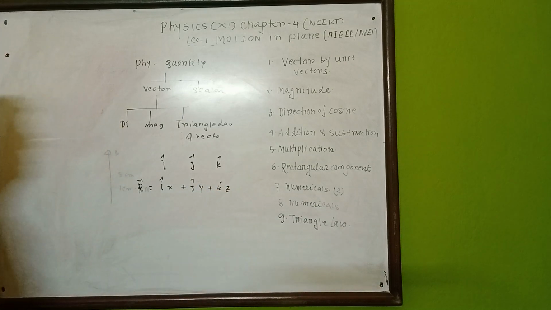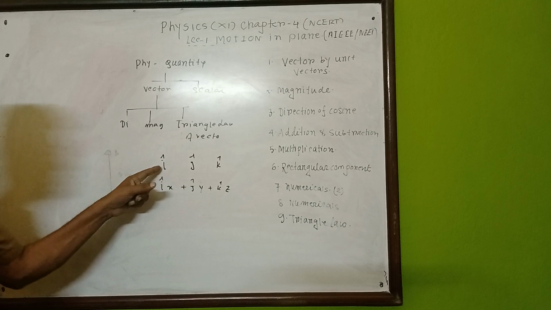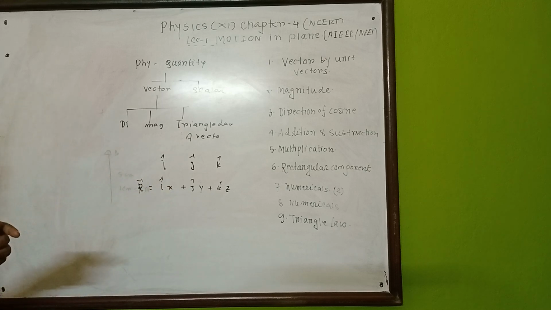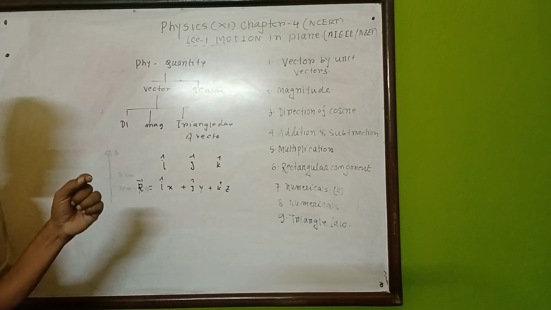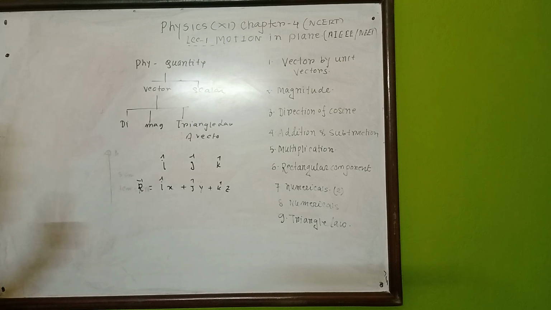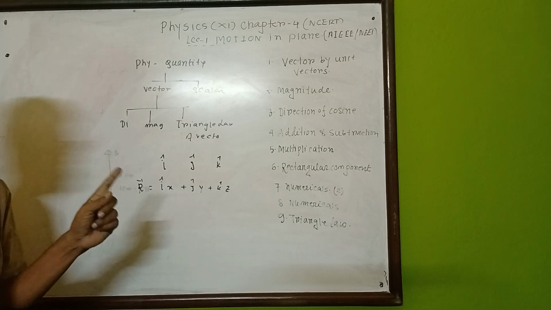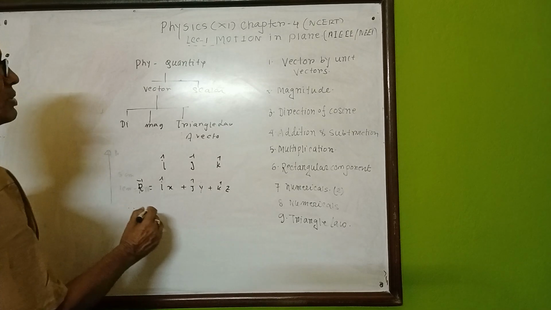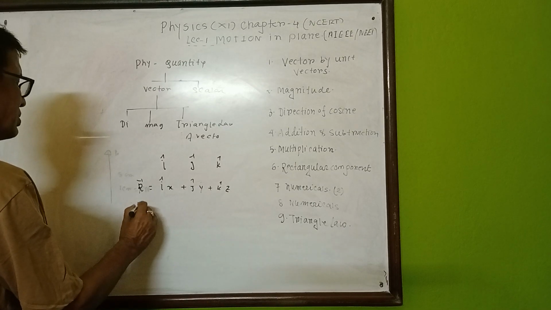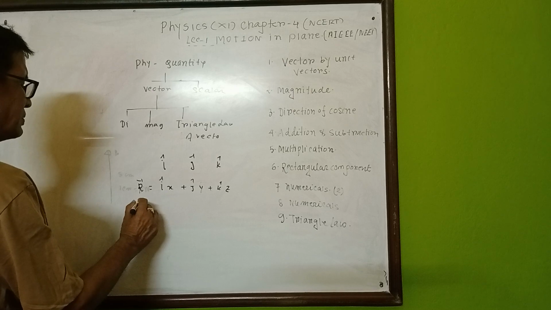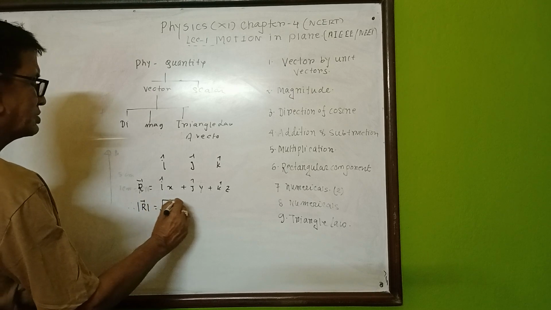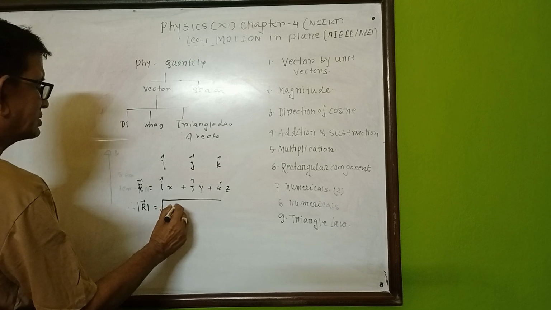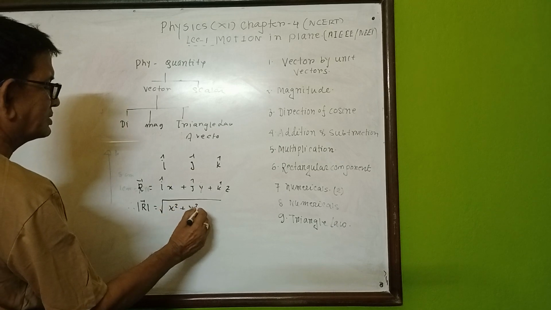Now this is the position vector. i stands for direction along the x-axis. That means one vector you consider along the x-axis having magnitude 1, j magnitude 1 along the y-axis, and k magnitude 1 along the z-axis. Hence they are called unit vectors. Now this vector is represented by unit vectors.